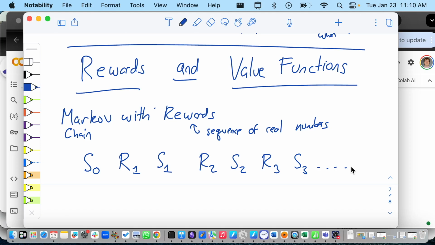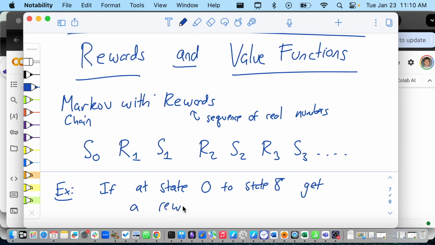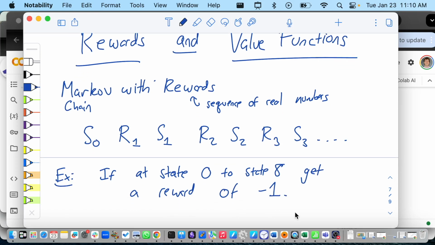And the example I'm going to give you is if at state 0 to state 8 in the snakes and ladders, you get a reward of -1. Why is it a reward of -1? Because in snakes and ladders, you're trying to get to the end as fast as possible.